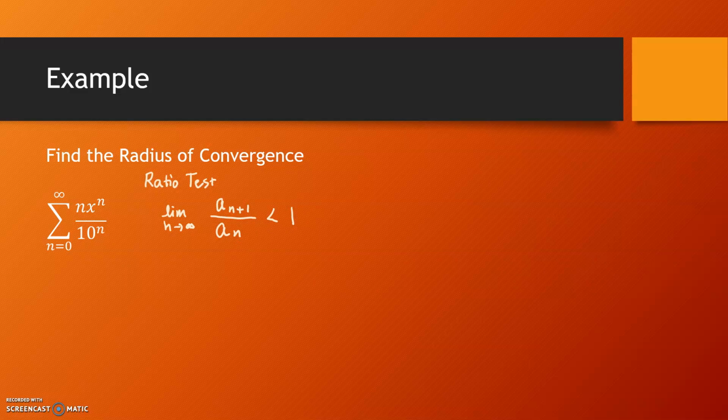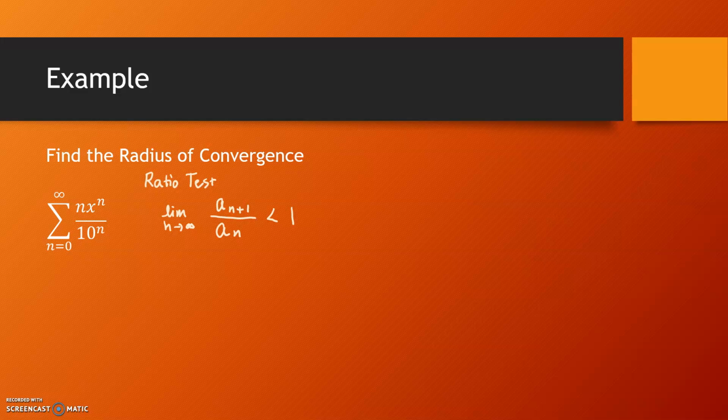If it's equal to 1, then our series diverges. So we're going to set that limit to be less than 1 so that we can figure out what the radius of convergence is.